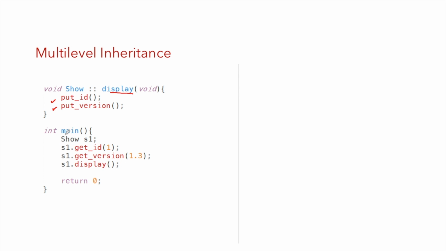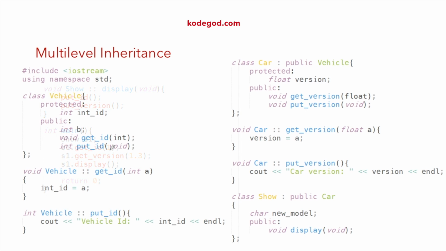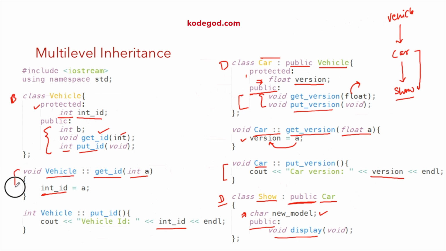Inside the main function, I'm declaring s1 as an object of class show. When I write s1 dot get id and pass the value 1, this function will be called, and the value of int id will be set as 1.